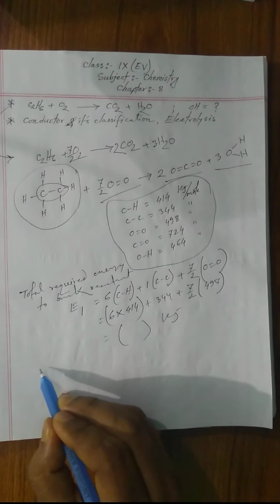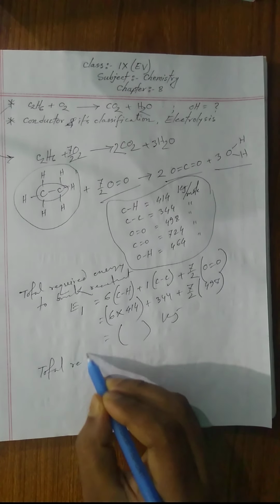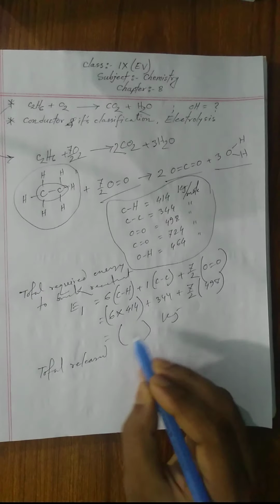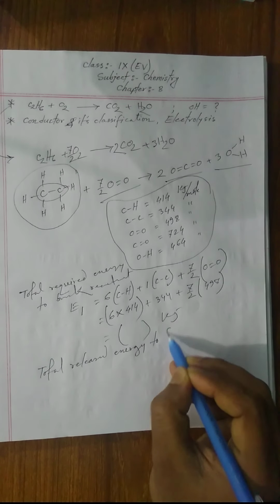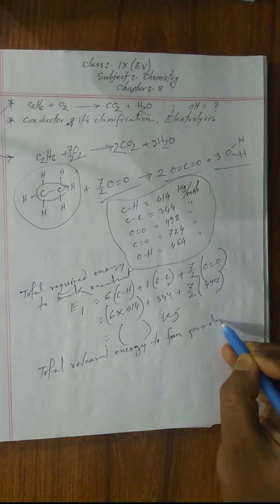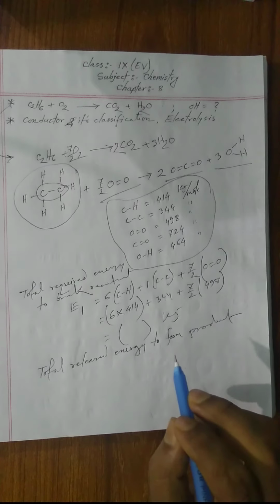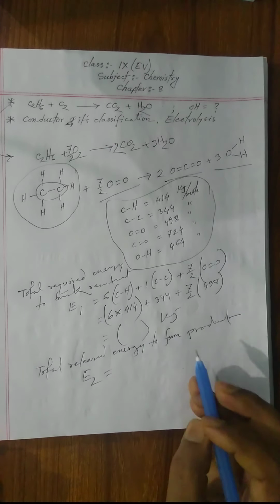Now the total released energy to form products, this is E2.